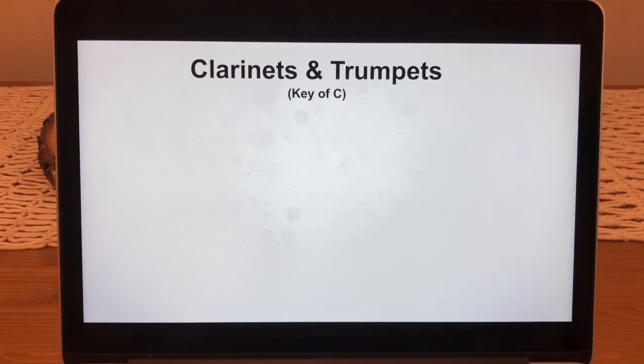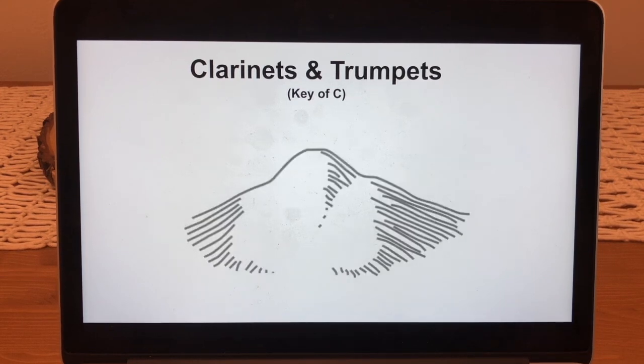The clarinets and trumpets are in the key of C, so their first note on the mountain will be C. And then if you follow the alphabet, you'll be able to figure it out. D, E, F, and finally, G.